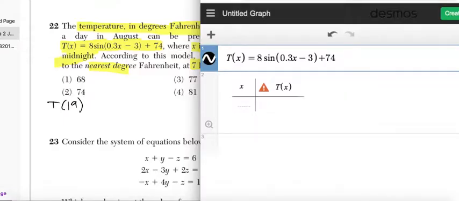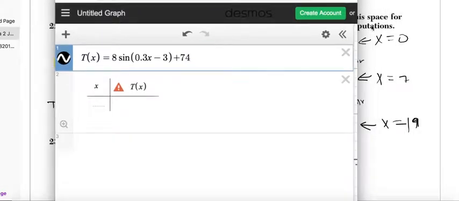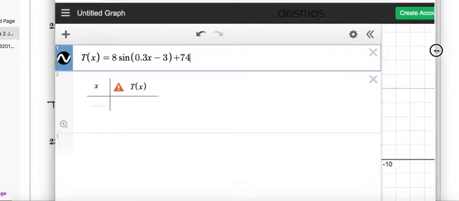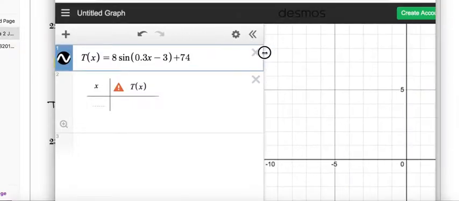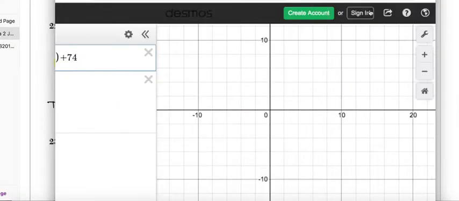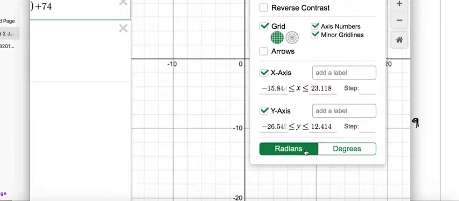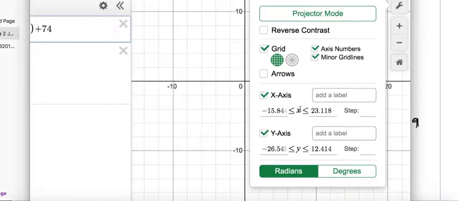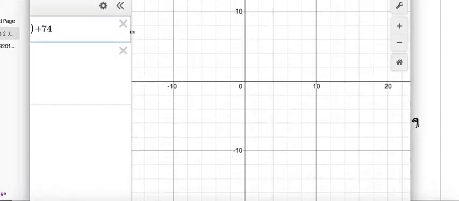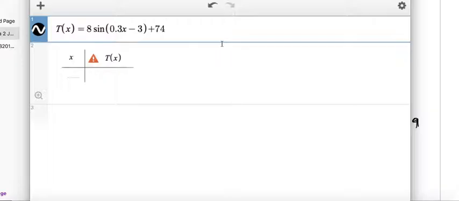Now keep in mind, you might not be able to put function notation in your calculator. The other thing I want to watch out for, guys, is the setting in my calculator. I want to make sure it's in radian mode. Here, see, this would be degrees. This is radians. I got to make sure it's in radians. I won't worry about the graph for now, but I do want to know about the values.